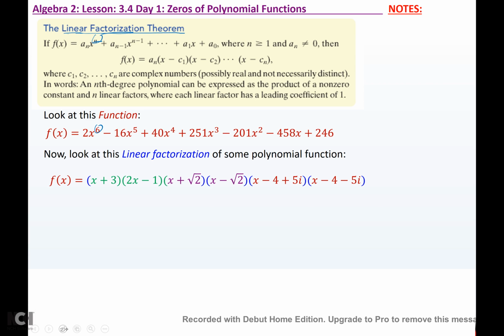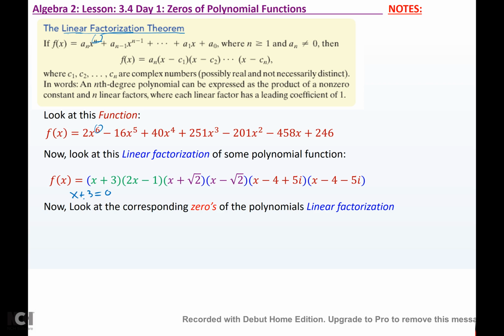If I set these equal to 0 and got x alone: if I did x plus 3 equals 0, minus 3 on both sides, I would get x equals negative 3. 2x minus 1 equals 0, add 1, I get 2x equals 1, divide by 2, I get x equals 1/2. x plus the square root of 2 equals 0, minus square root of 2 on both sides, I get x equals the negative square root of 2. So on and so forth. x minus the square root of 2 equals 0, add the square root of 2 on both sides, x equals the square root of 2.